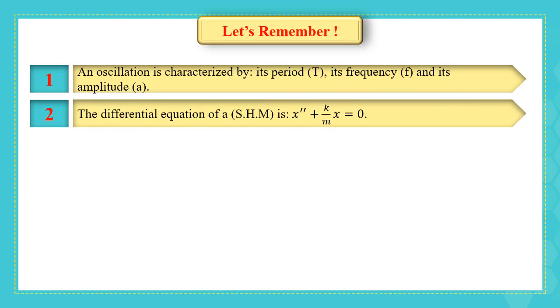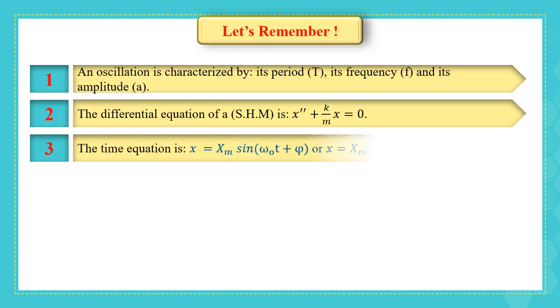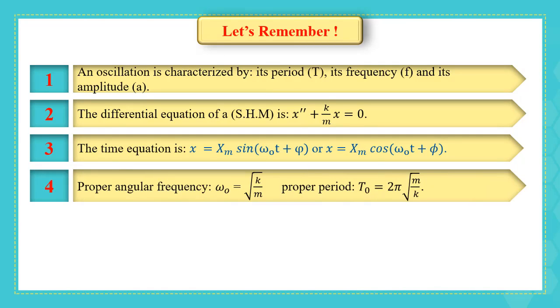The differential equation of a simple harmonic motion is x double prime plus k over m x equals 0. The time equation is x equals xm sine or cosine of omega 0 t plus phi, and the proper angular frequency omega 0 is equal to the radical k over m, where the proper period T0 is equal to 2 pi radical m over k.